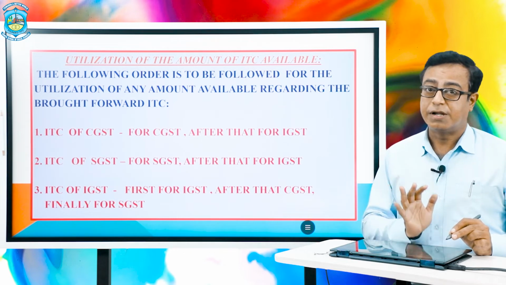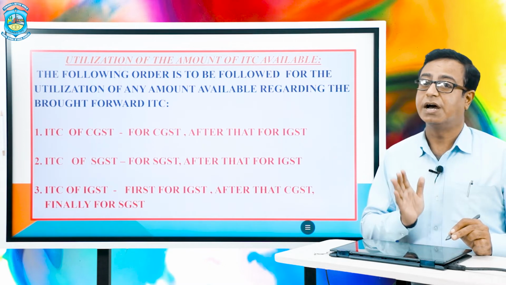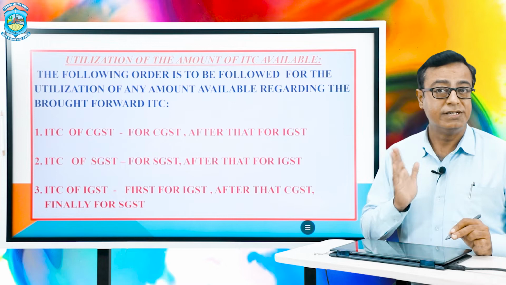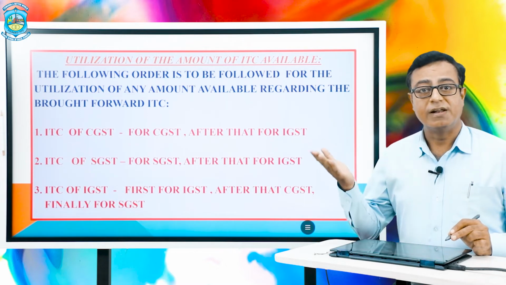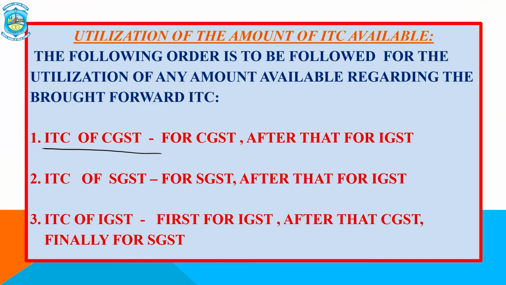Remember, this set of rules will decide how to adjust the input tax credit related with CGST, SGST and finally IGST. First of all, the brief of input tax credit of CGST. Suppose we have any input tax credit brought forward related with CGST, we can use it first of all for CGST, after that we can utilize it for IGST.